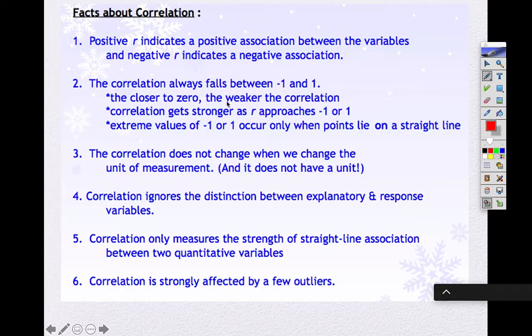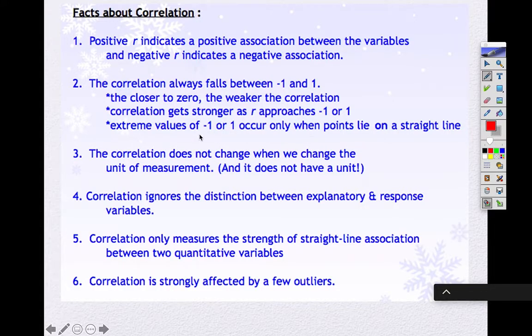So 0 is the worst, and in any direction, negative or positive, further from 0 is better. What does that mean? It means 0.7 and -0.7 would be the same because the number itself is the strength, and the negative in front just means negative direction. So -0.5 is not worse than +0.5 with correlation. It just means negative direction. Both of them are a 0.5.